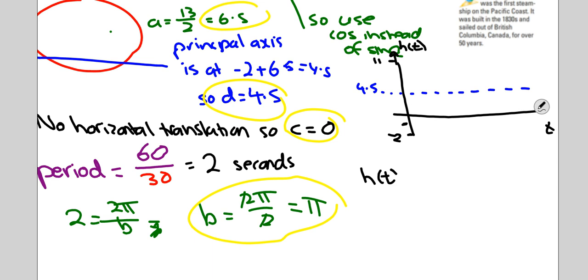So h of t equals 6.5. Is it sine or cos? Cos, that's good, because there was no shift. So cos of pi t, plus 4.5.